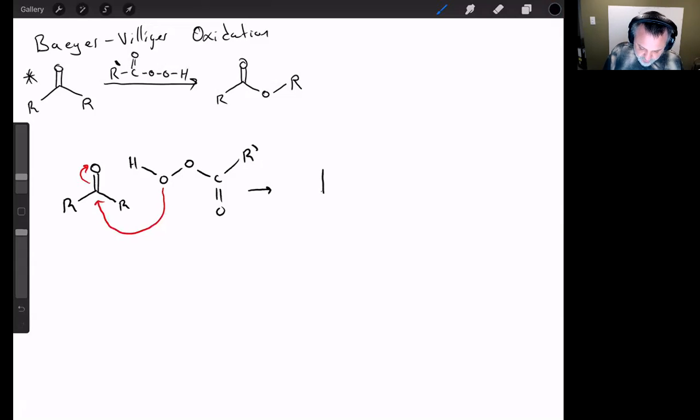And now we end up with an interesting intermediate. There's the two original R groups. There's the new bond to the oxygen. Of course, that's positively charged. It's still a peroxide. And here's the other R group.